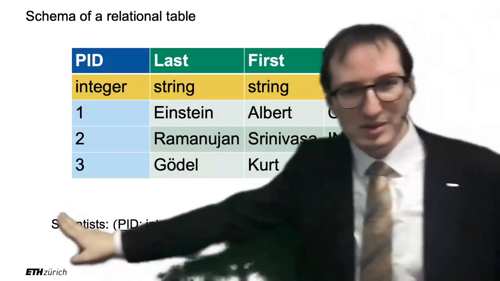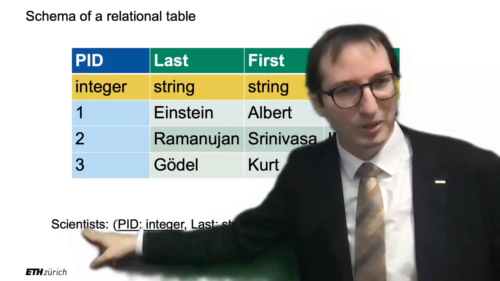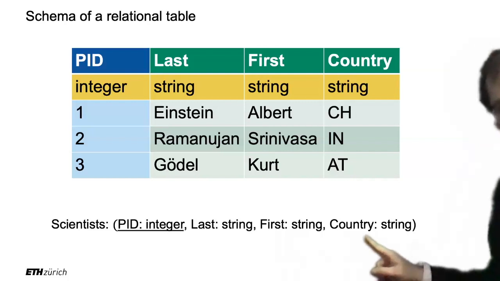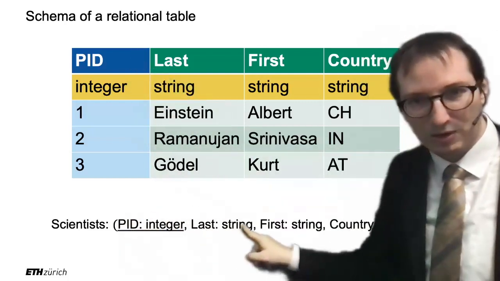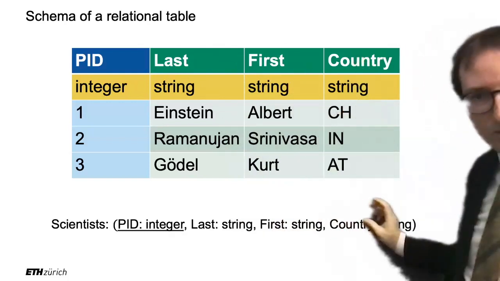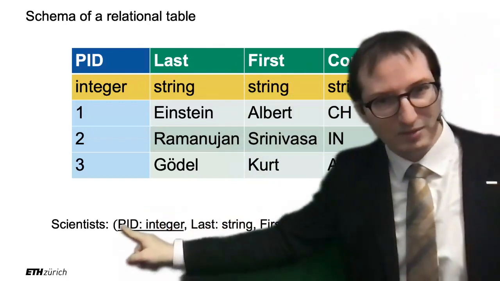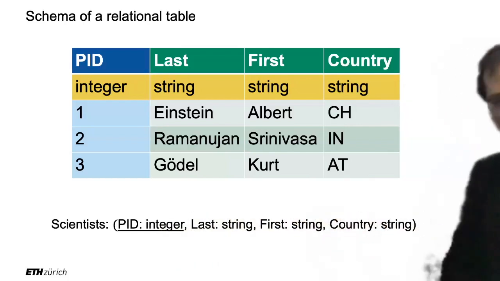What people do is that they give a name to the table. For example, this table could be called scientists, and then they list the columns. So you have PID colon integer, last colon string, first colon string, and country colon string, right? So this is the schema of the table that says what the attributes are and what the associated types are.